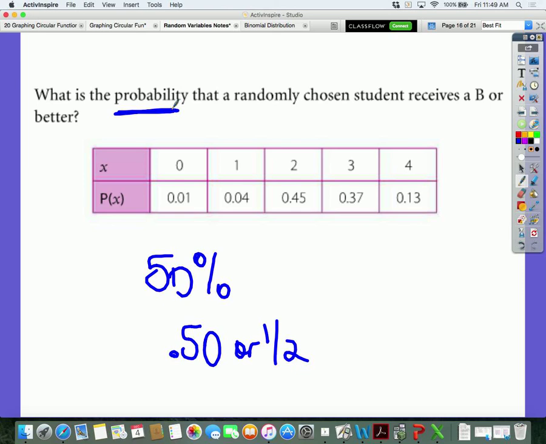It wasn't a trick question, it was a trick location. Yeah, that will work. And how that would be represented using notation for B or better, that's how you would write it. That's 0.5. That'll be your proper notation. Questions on probability distributions?